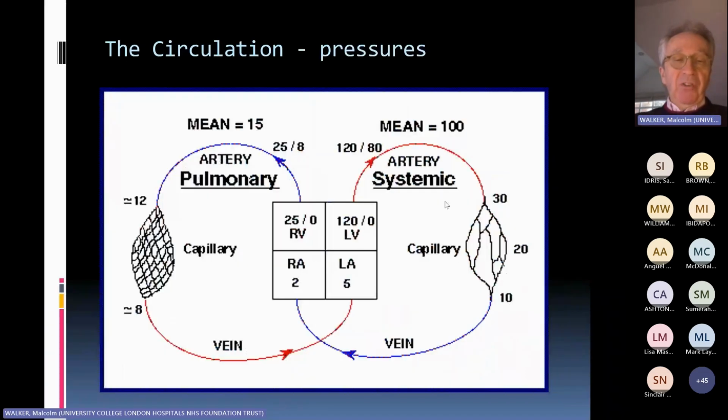So for numbers, you just remember, mean arterial pressure in the pulmonary circuit is about 15. Normal is about 25/8, compared to, you can more or less divide left side pressures by 5 to have an idea of where you should be on the right. And these are just to give you some idea of what we're looking at here.